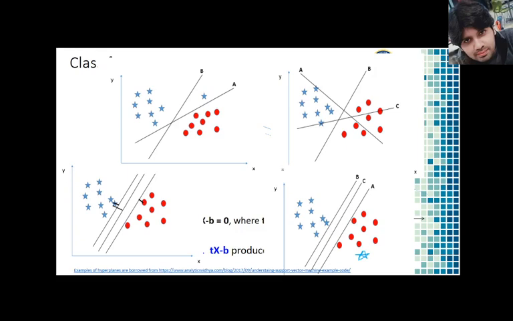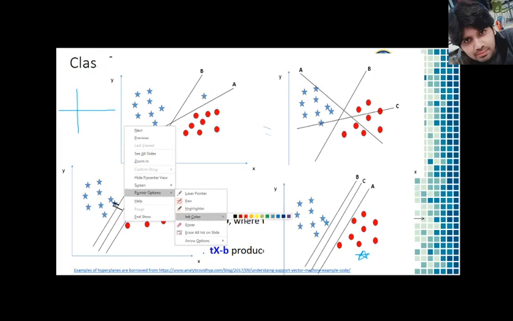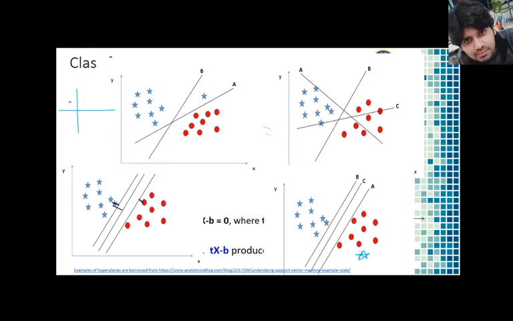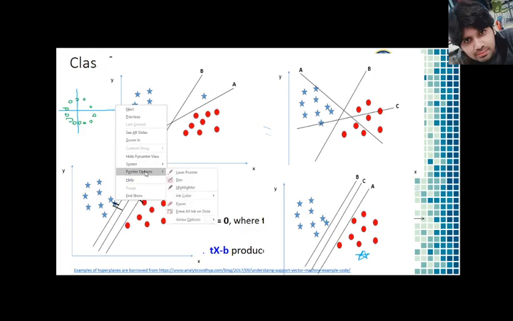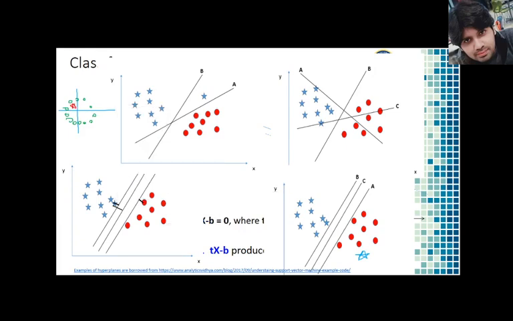Now, another example. Let us think of it like this. So we have something like this, and let me choose a different ink color. There are some circles here, and let's say we have some stars.